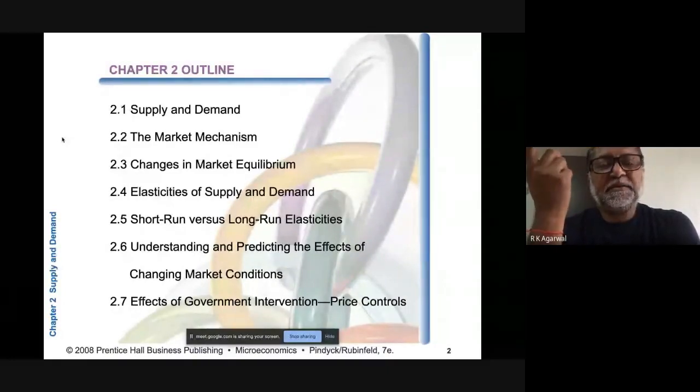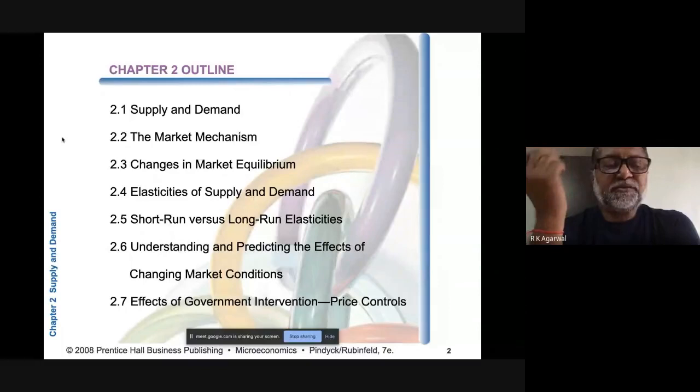The second is, how do supply and demand forces play a central role in what is called the market mechanism? And what happens when certain factors change in the market, and how do they impact market equilibrium?